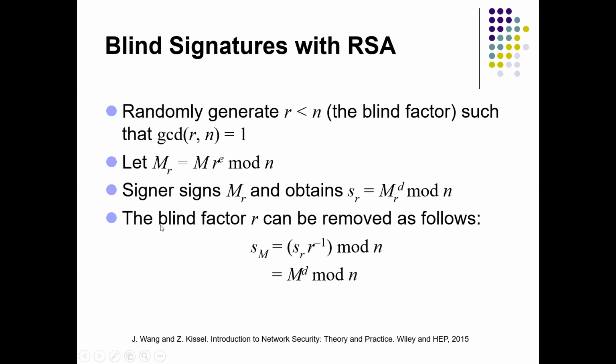Then the blind factor R is included in this signature, so we need to remove it. This is done as follows: we multiply R inverse mod N with S sub R. That is equivalent to removing the blind factor R from this signature S sub R to get S sub M, which is this. So that's exactly what I need.